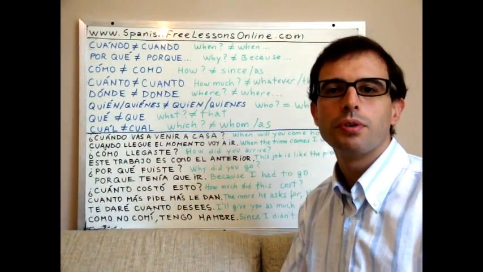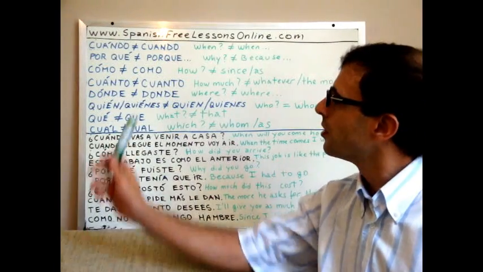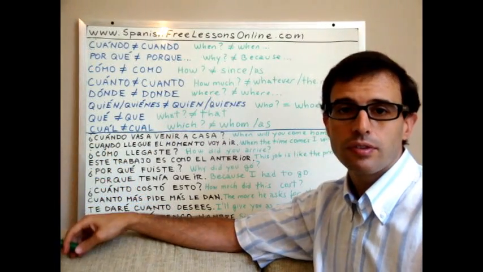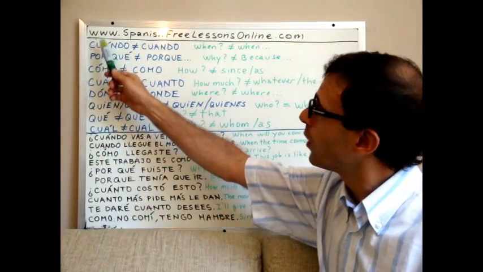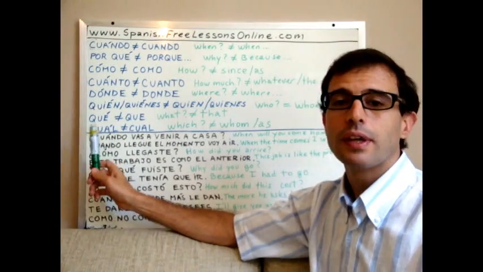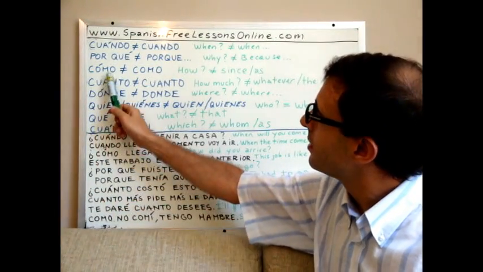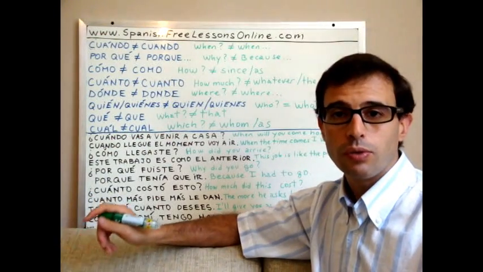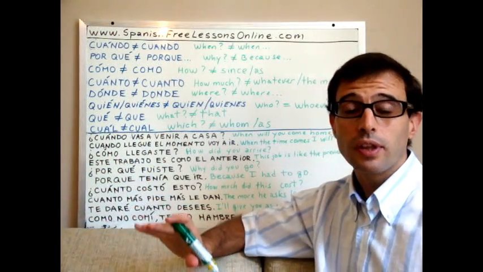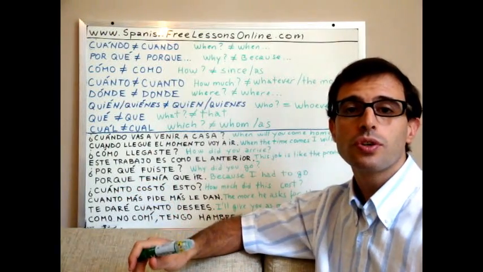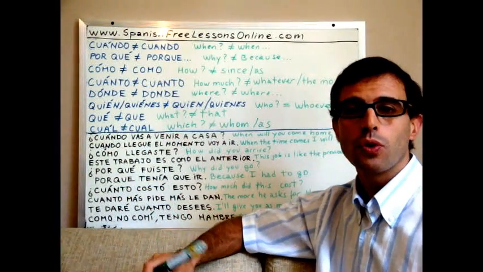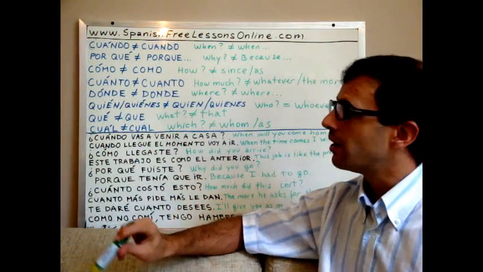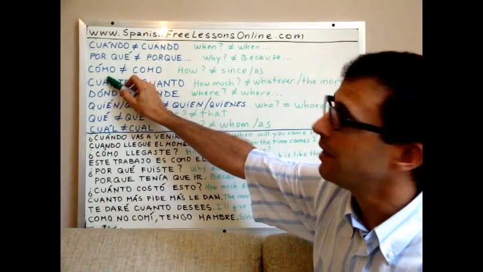In this lesson I will show you some examples using the previous words we have learned before in these sentences. So we were seeing how these question words, they all need a tilde when they refer to the inquisitive meaning. When they are the question words, like which, when, how, who, when they refer to an interrogation, they all need this little line here we call tilde.